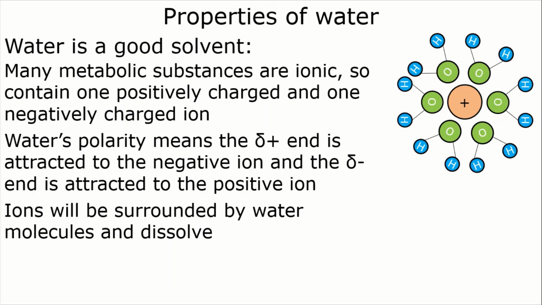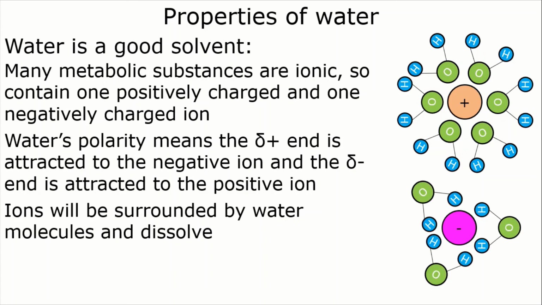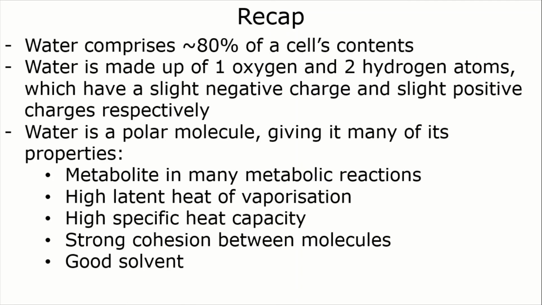The oxygen atoms in the water point inwards towards the positive ion, and the hydrogen atoms point towards the outside. If we look at the same thing with a negative ion, this time the slight positive charge on our hydrogen atoms is attracted to the negative ion, so they will surround it and form this almost triangular looking structure.